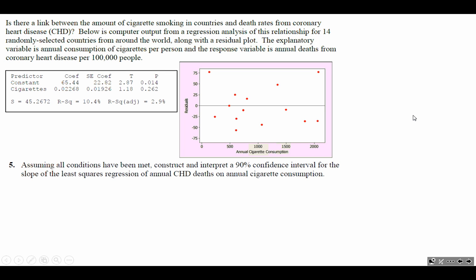So for the state, we want to construct a 90% confidence interval for the slope of the least squares regression line.